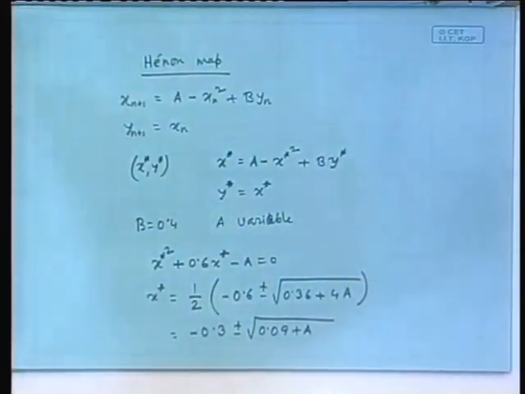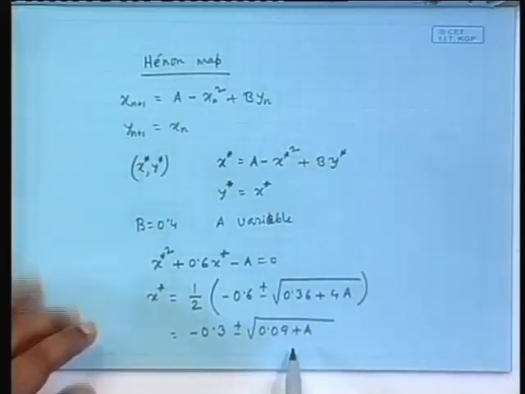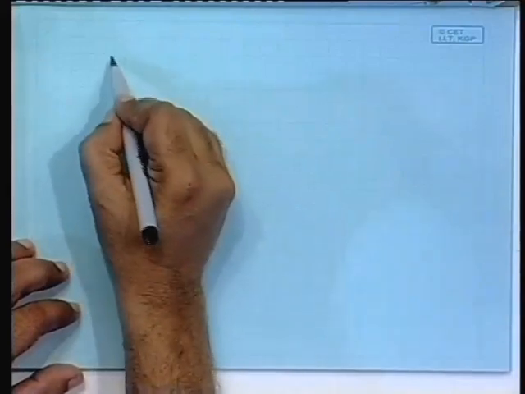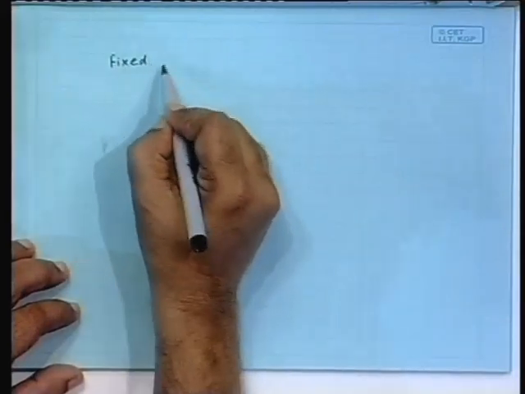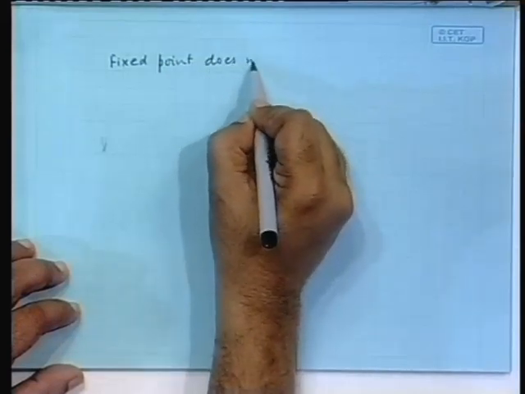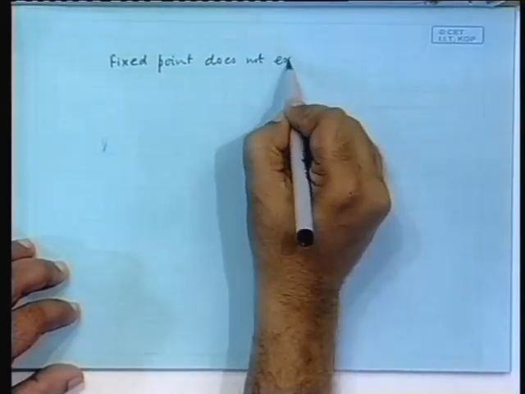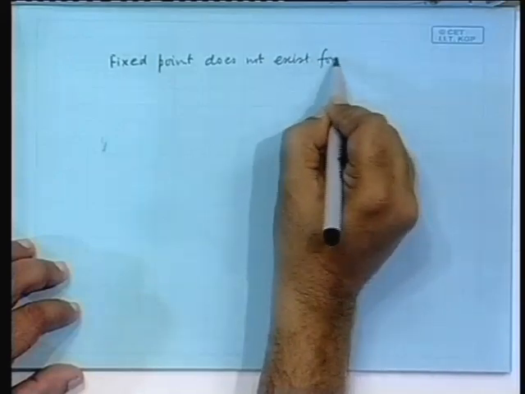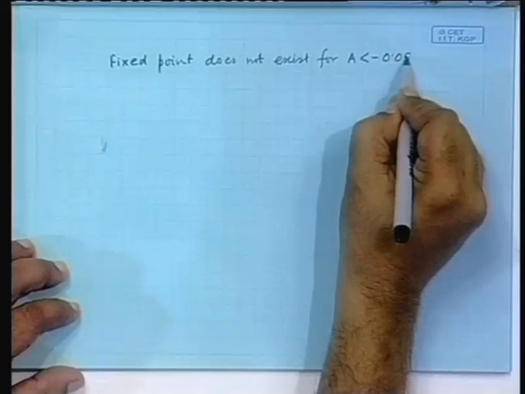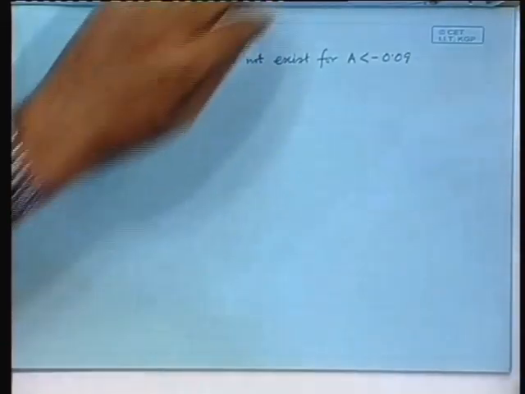Position of a fixed point cannot be a complex number, and therefore, it does not exist. So, the fixed point does not exist for a less than -0.09, right.